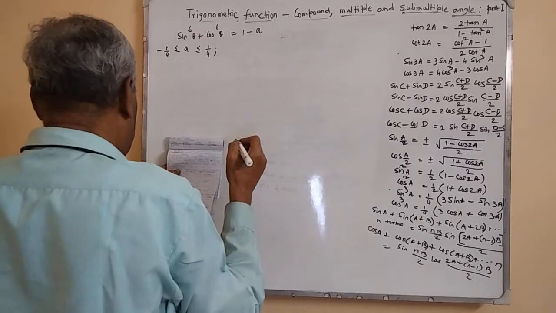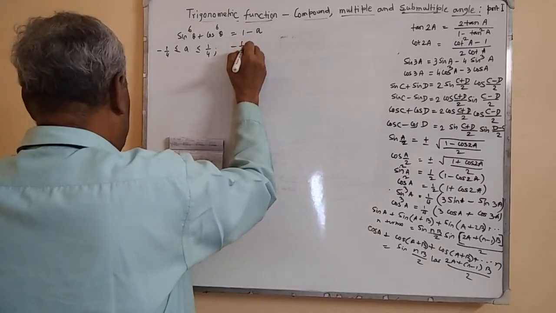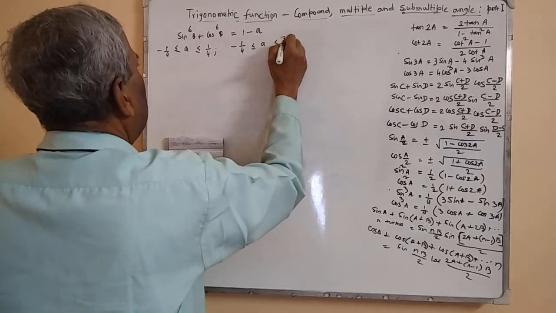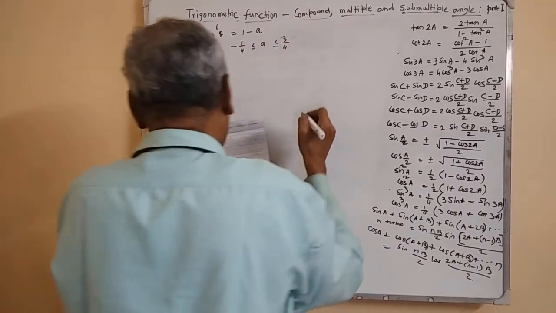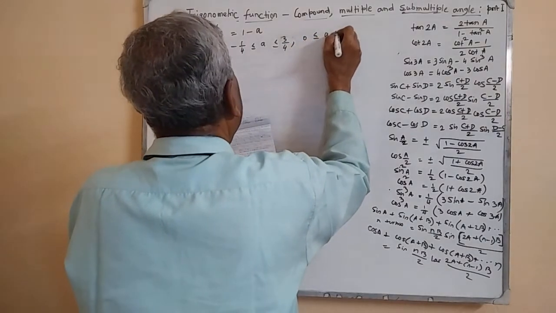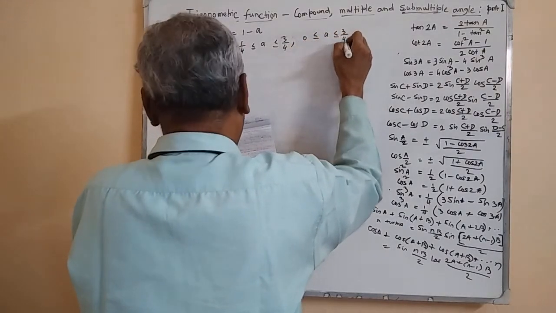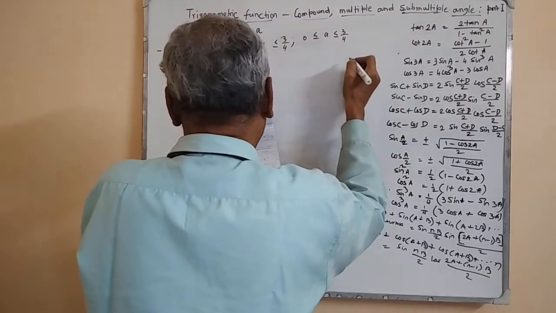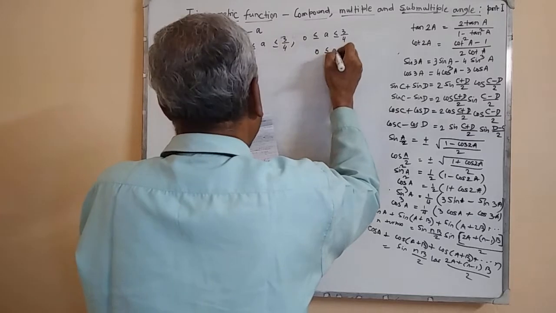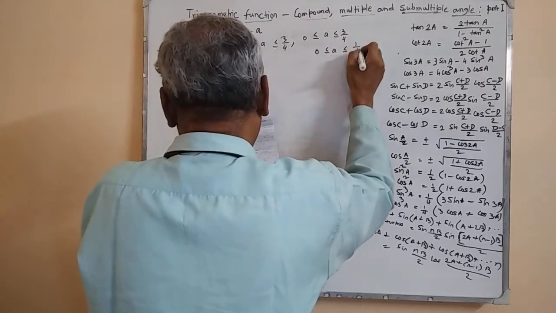Second option, minus 1 by 4 less than or equal to a less than or equal to 3 by 4. Third, 0 less than or equal to a less than or equal to 3 by 4, and fourth, 0 less than or equal to a less than or equal to 1 by 4.